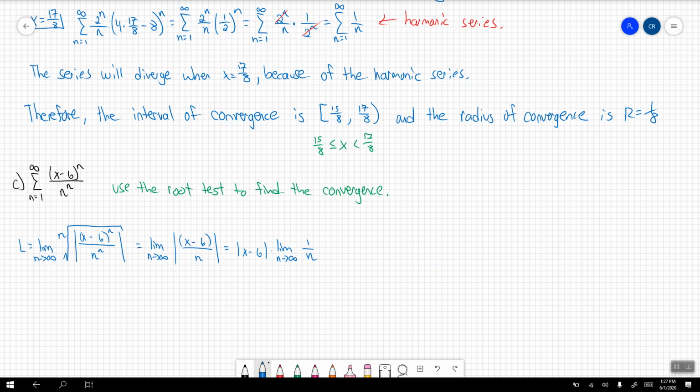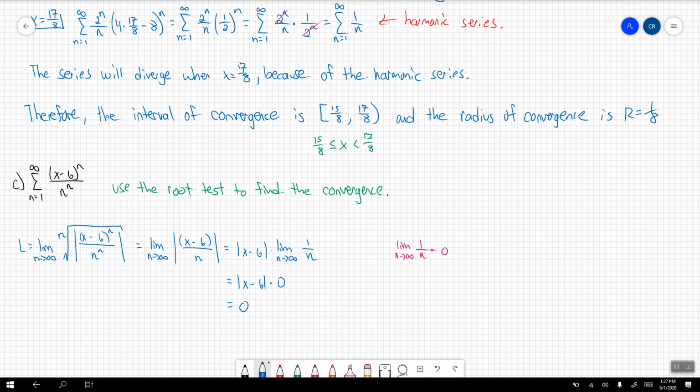The limit as n tends to infinity of 1 over n tends to 0. Which means we get the absolute value of x minus 6 multiplied by 0, which is 0.